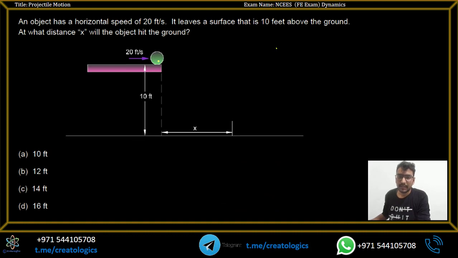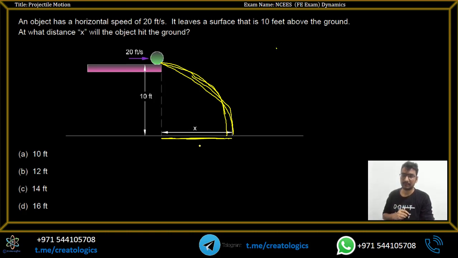Now, here it is with 20 feet per second. So the ball will go like this. It will trace a path, a projectile path here. Okay. And the question says, what is the distance here? X, when the ball or that object hits the ground, that you need to find.